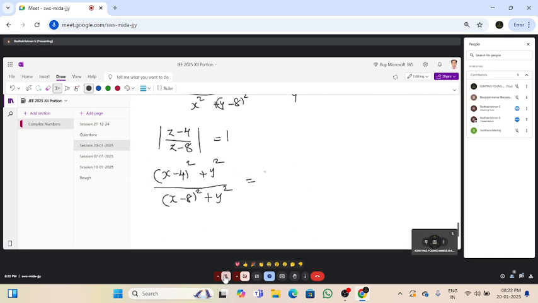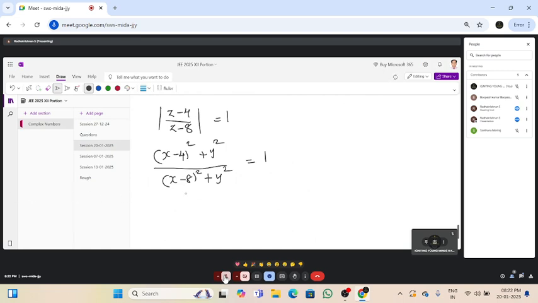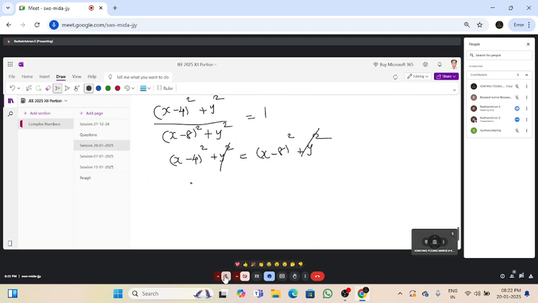Since it is given equal to 1, this is giving us a straight solution more easily. So (X minus 4) whole square plus Y square equals (X minus 8) whole square plus Y square. So Y square gets cancelled and you get (X minus 4) whole square equal to (X minus 8) whole square. If you take square root on both sides, you'll get X minus 4 equal to plus or minus (X minus 8).